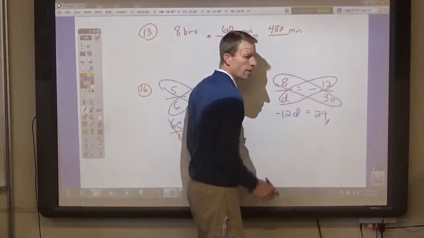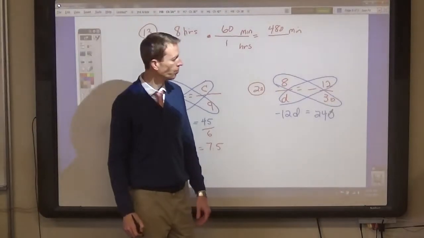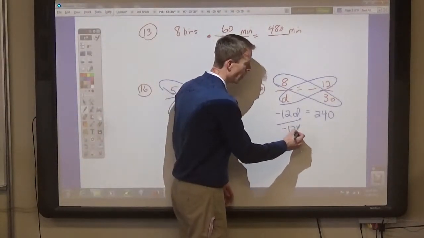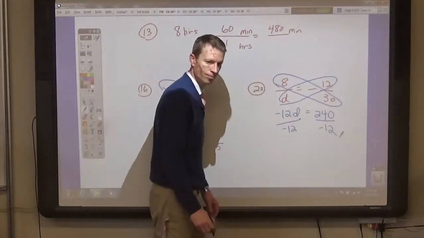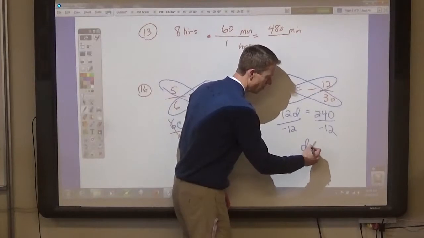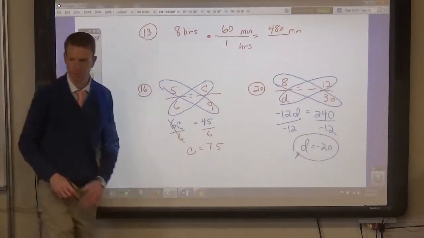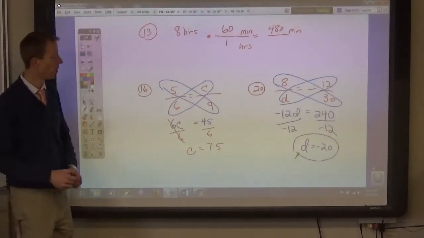So 8 times 30 is 240. Add the 0. Divide by negative 12. And D equals negative 20. Okay. Questions on that? No.